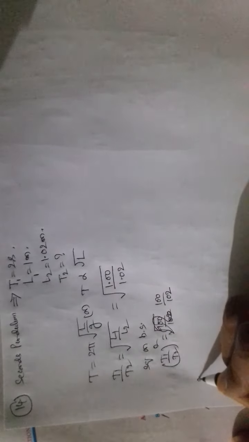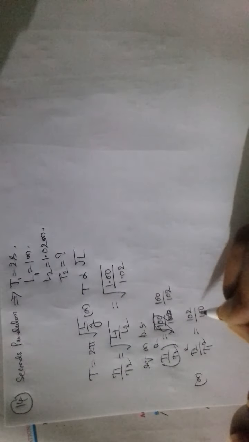Or reversing the fractions, T2 square by T1 square is equal to 102 by 100. Now T2 square is equal to 1.02 into T1 square, 1.02 into T1 value 2 seconds.